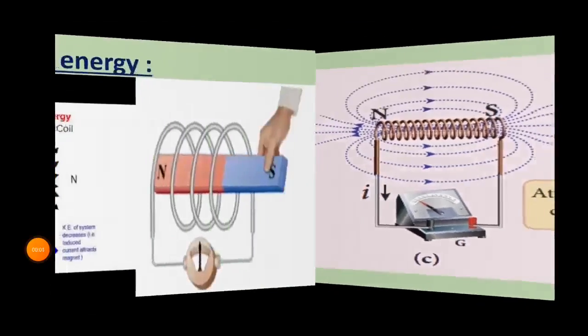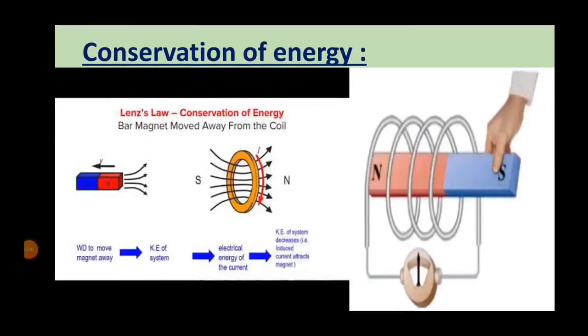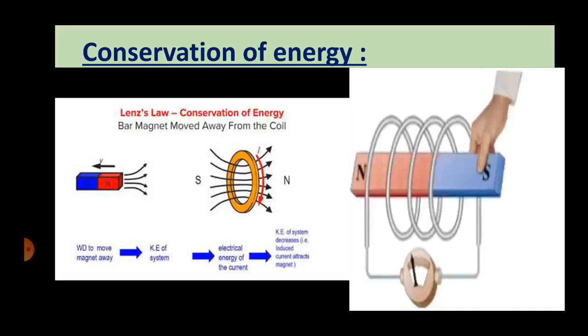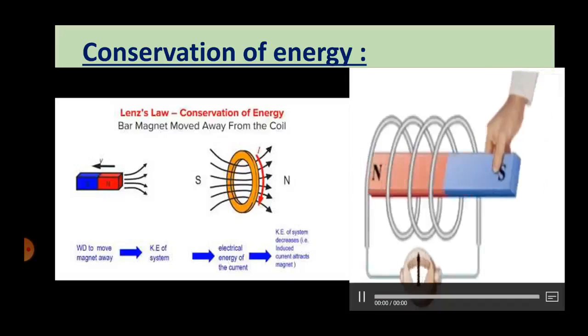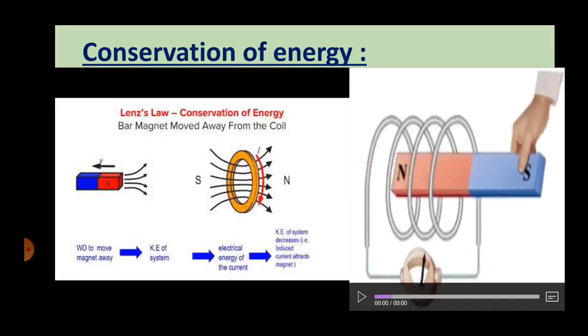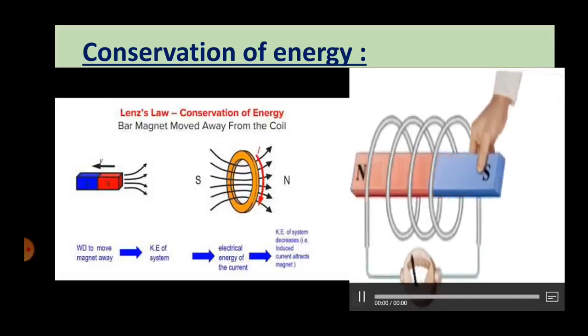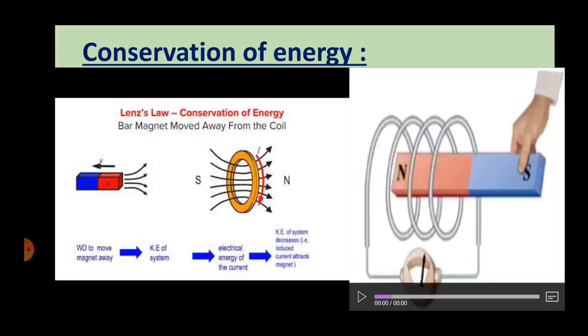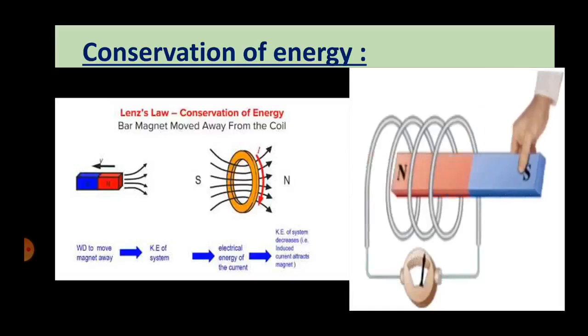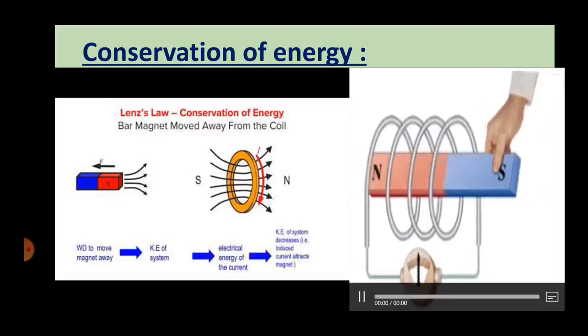Next, conservation of energy by using Lenz law. So students, this is the basis of the conservation of energy according to Lenz law. Now take the coil with a bar magnet. A relative motion between the bar magnet and the coil deflects the galvanometer.